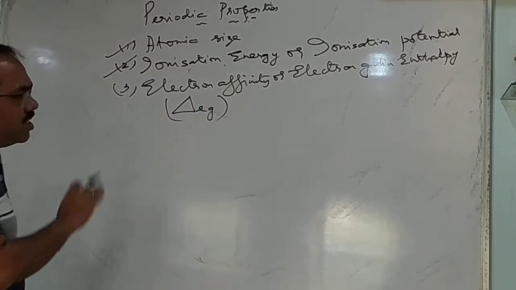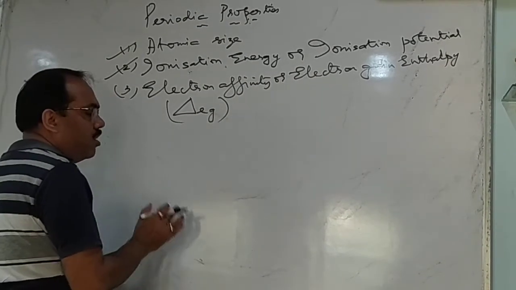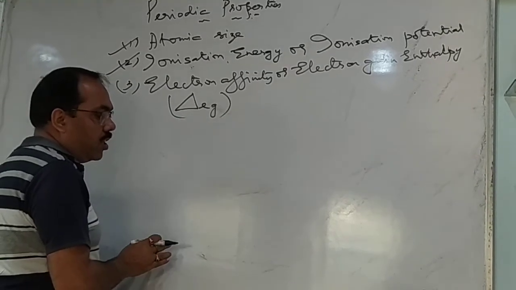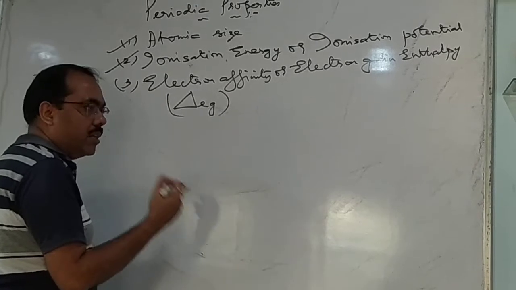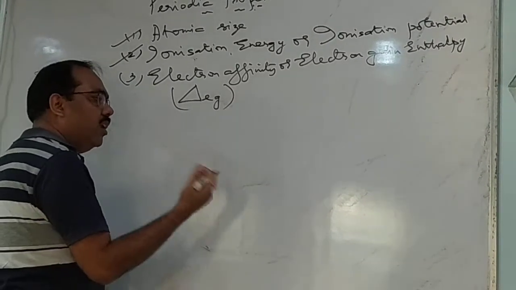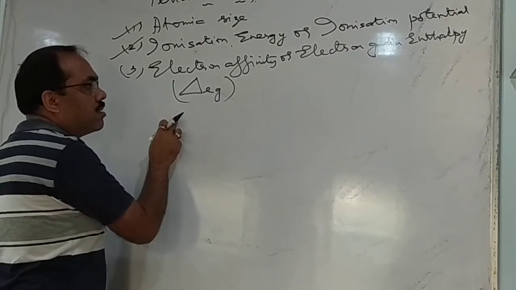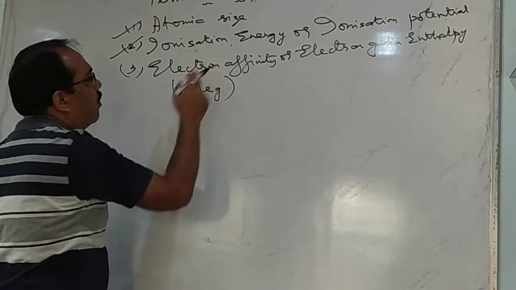Electron gain enthalpy is just the opposite of ionization energy. Electron gain enthalpy is the amount of energy released for the addition of an electron to the outermost shell of an isolated gaseous atom. In the previous case, it was the amount of energy required to remove an electron.